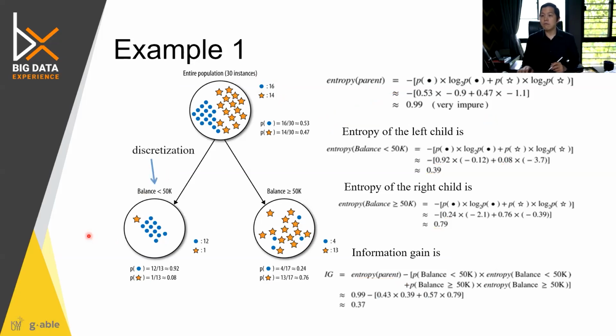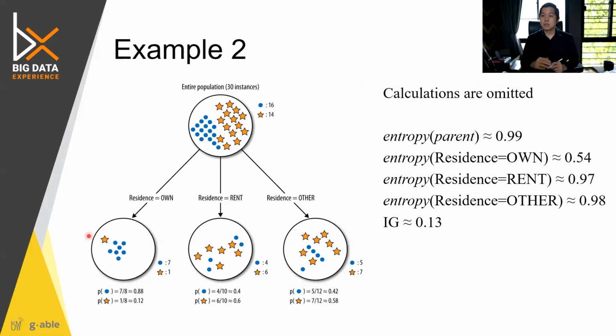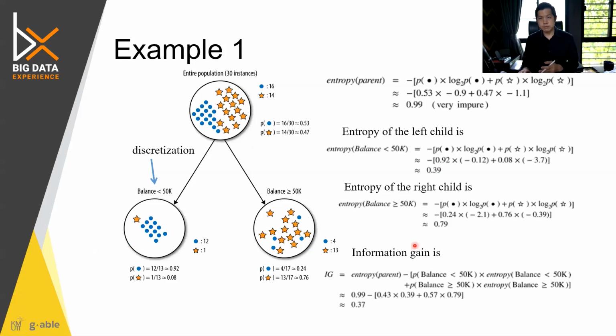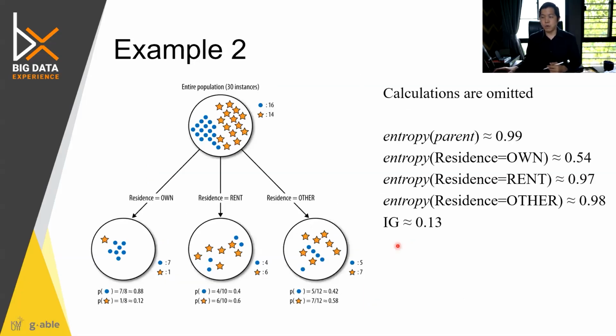Now if we use residence to make division, and we calculate everything, we get an information gain equal to 0.13. Balance you get 0.37, residence you get 0.13.